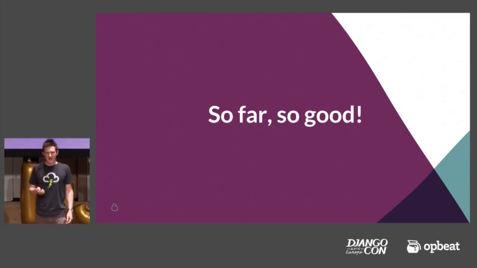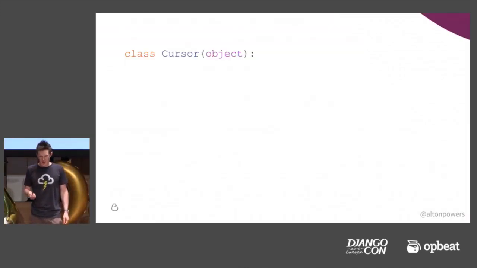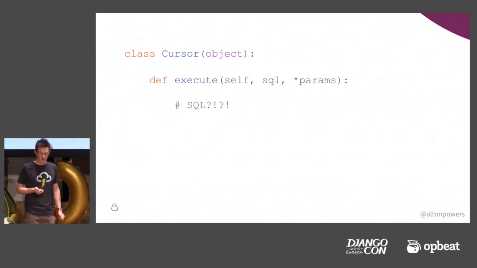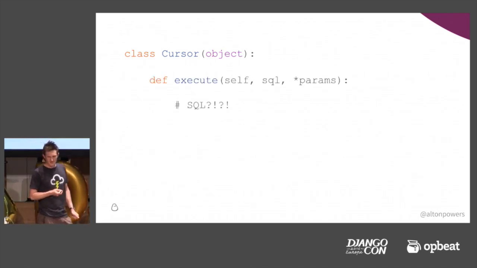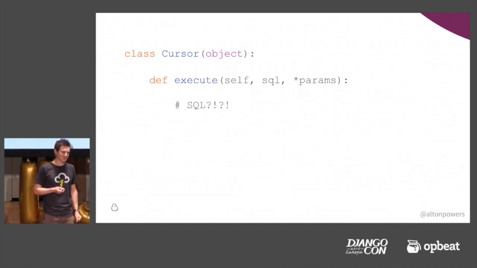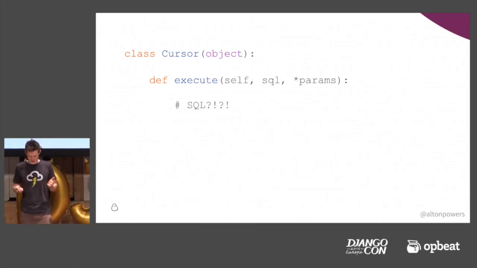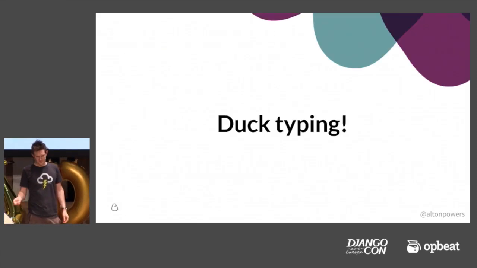But then our connection object has a method on it called cursor, which returns a cursor object. And this has a method on it called execute, which expects to take a string of SQL to execute and a list of parameters to go with it. But we have a Python API that doesn't expect anything like SQL. It just doesn't know what that is. But fortunately, we're in Python.